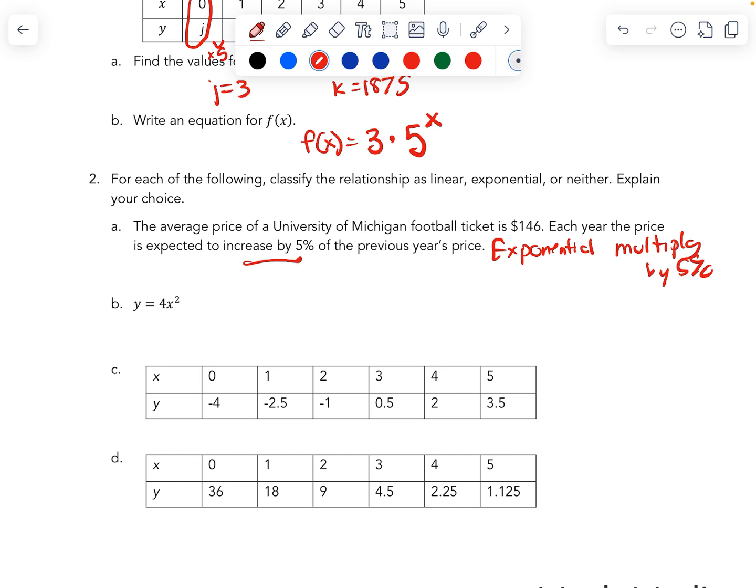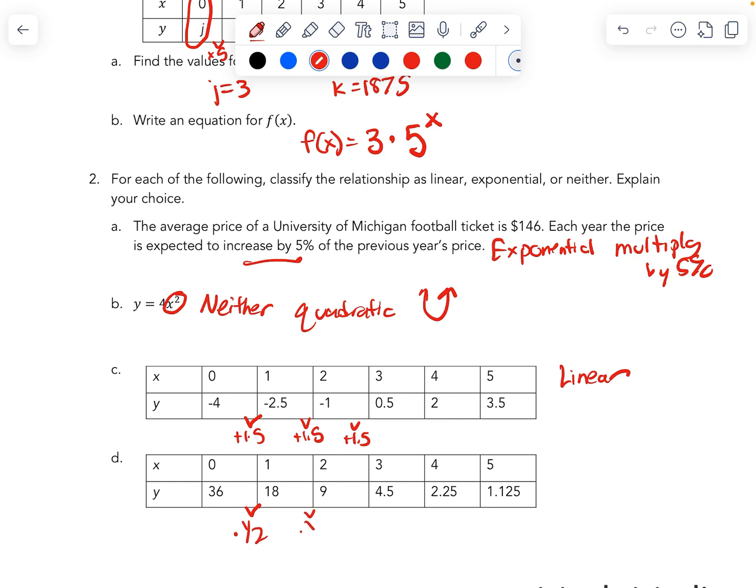This next one, I'm hoping we recognize as a quadratic, so it's neither. It's that x squared, remember, that parabola. Then this next one: how do we change from here to here? We're adding 1.5, so this is linear. But from here to here, we're times half, taking half of it, so this is exponential.